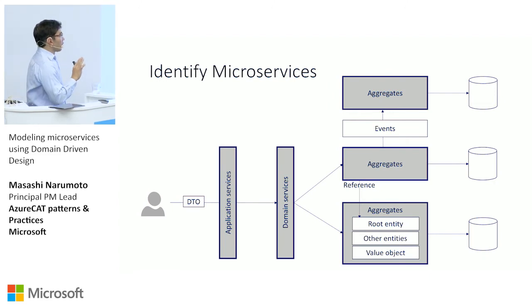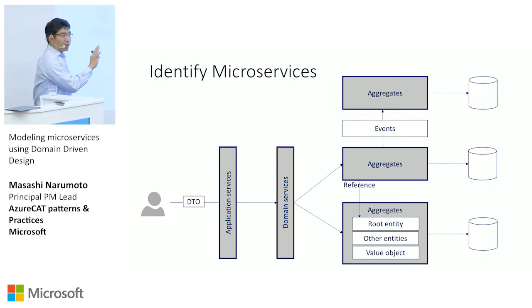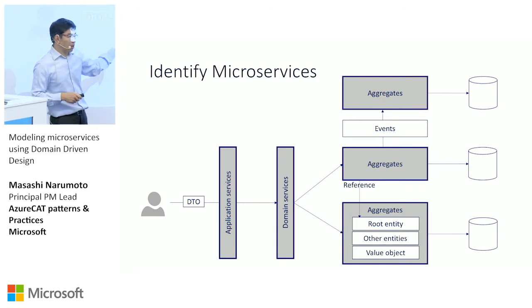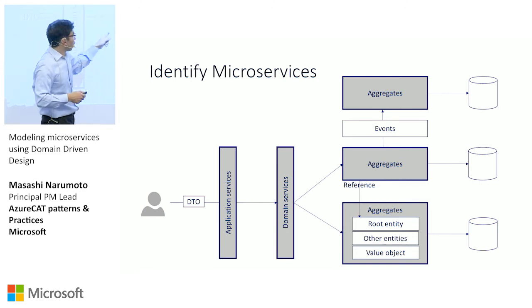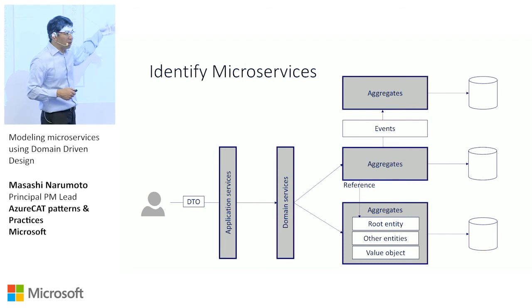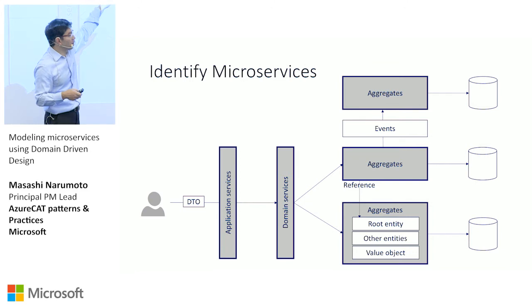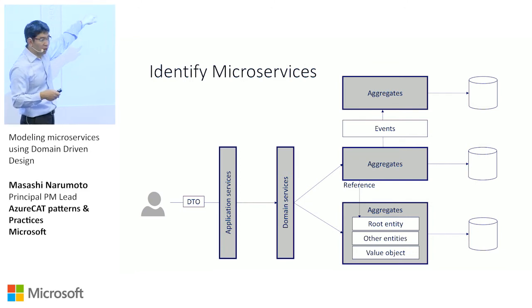And this is the relationship between these five or six different elements. App services are clients of domain services, which go across more than one aggregate. And one aggregate can have a reference to maintain the relationship between them. Whenever you are interested in the changes of data happening in different aggregates, you can subscribe to events coming from those aggregates, then do your own stuff.